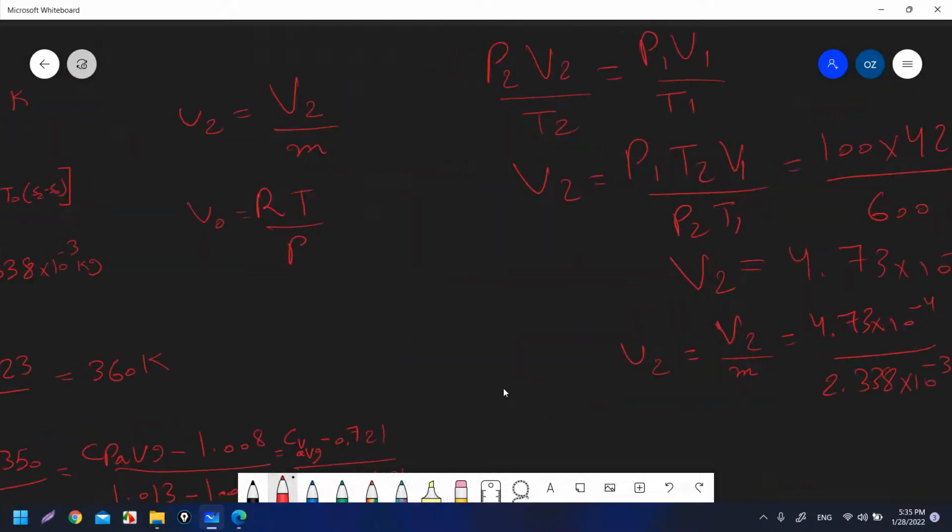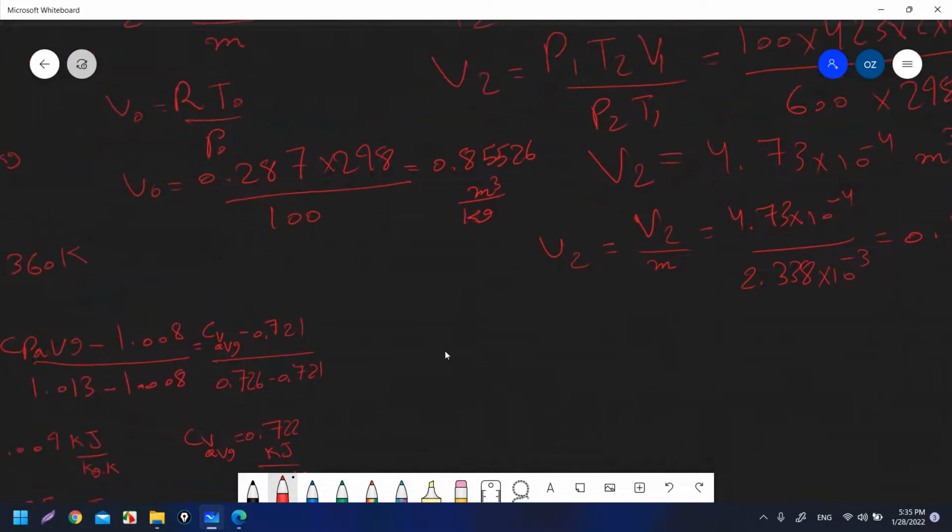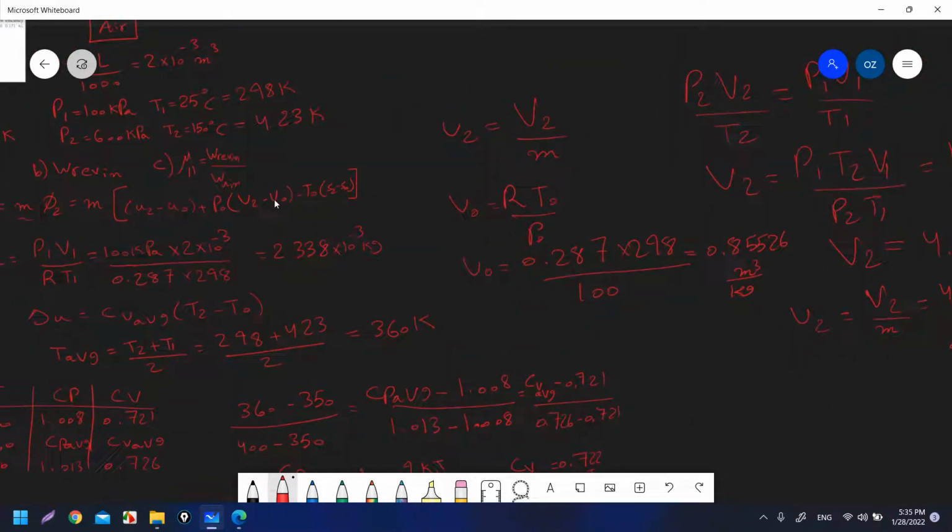For the v naught, we assume that the surrounding is also air, so we'll use the same value for the gas constant, 0.287. The T naught and P naught is equal to 298 over 100 kilopascal, and it will be 0.85526 meter cubed per kilogram. Okay, now I found also v2 and v naught.